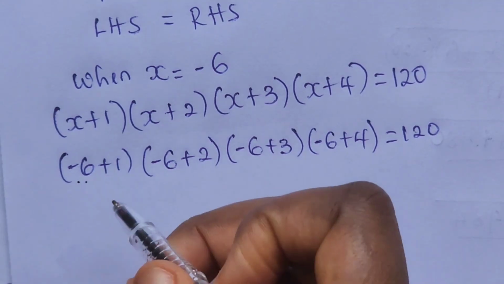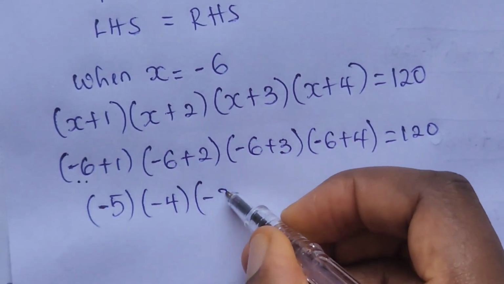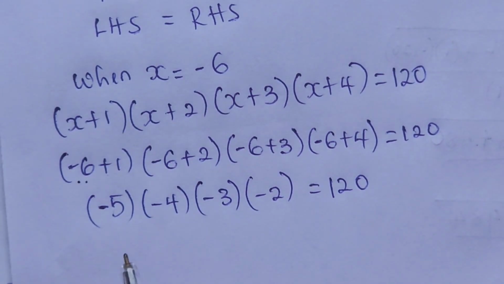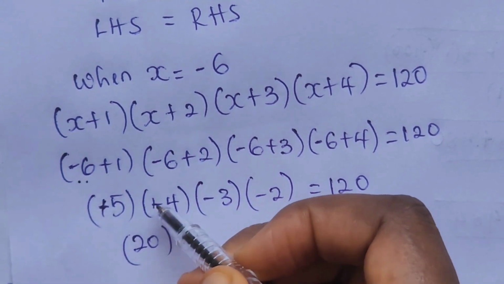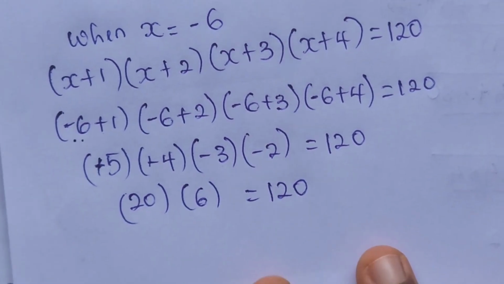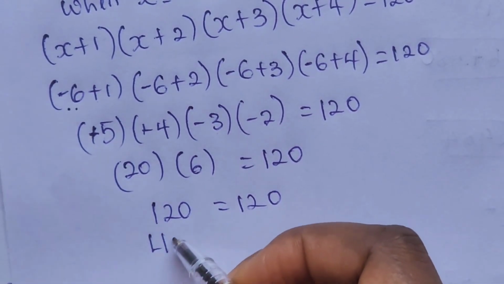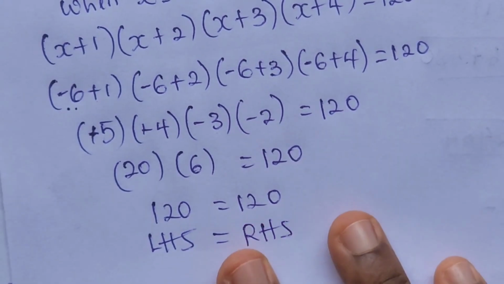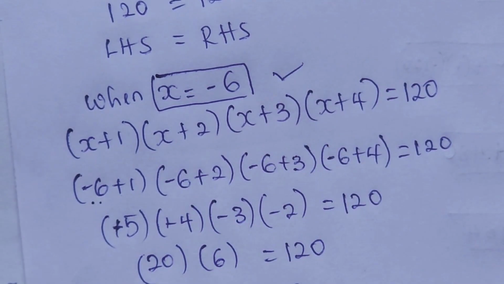So minus 6 plus 1, we have minus 5, minus 4, minus 3, minus 2, all equal to 120. 5 times 4, we have 20. This will cancel this. 3 times 2, we have 6. So we have 20 times 6, we have 120 equal to 120. So the left hand side equals the right hand side. So our value for x equal to minus 6 is verified.